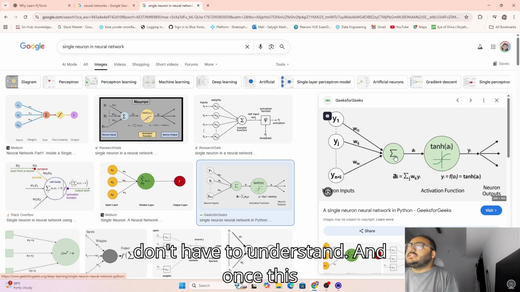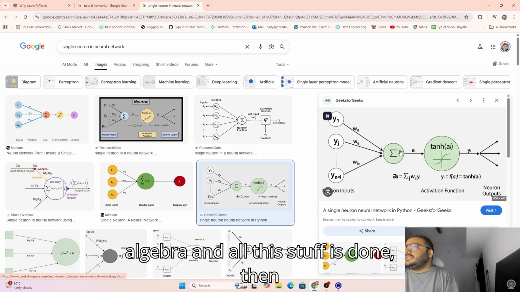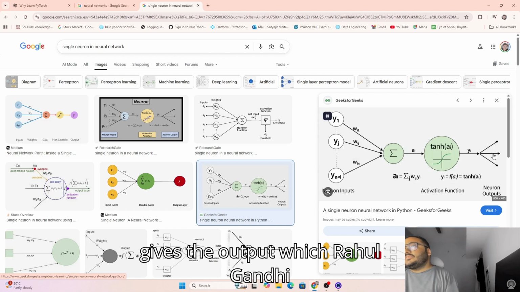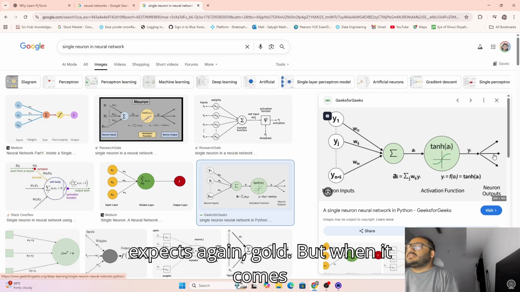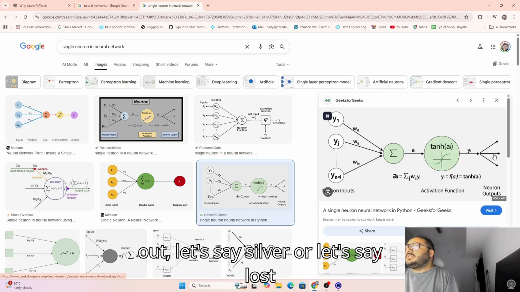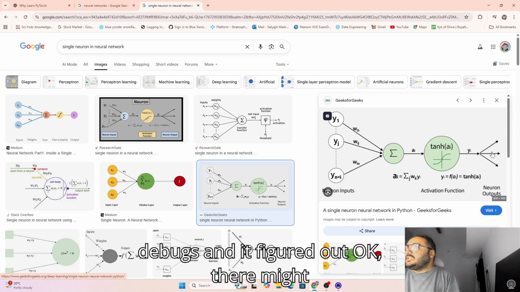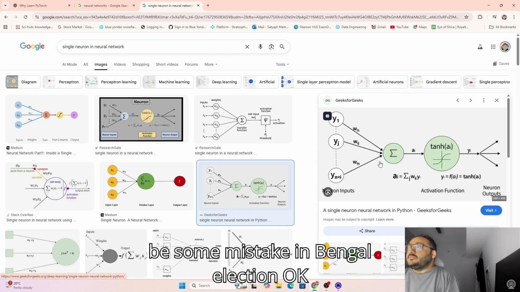And once this algebra is done, then it applies some nonlinearity, and then it gives the output which Rahul Gandhi expects, again gold, but when it comes out, let's say, silver, or let's say a loss in your political rally, then again it debugs, and it figures out, okay, there might be some mistake in the Bengal election.